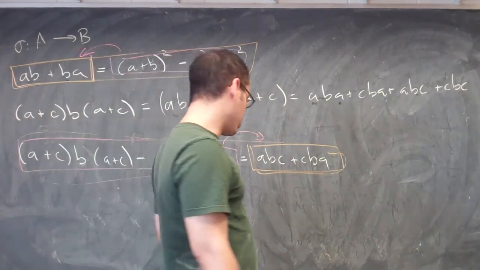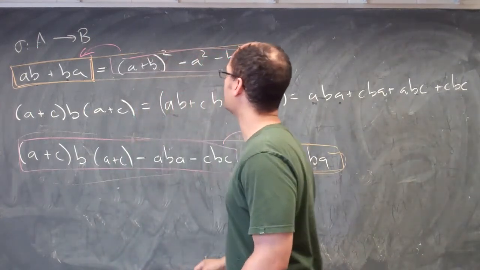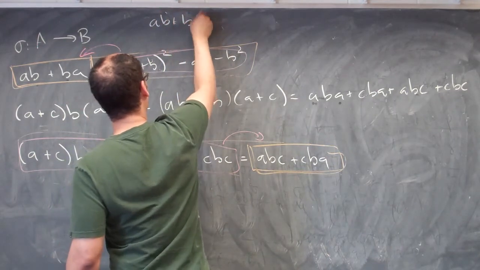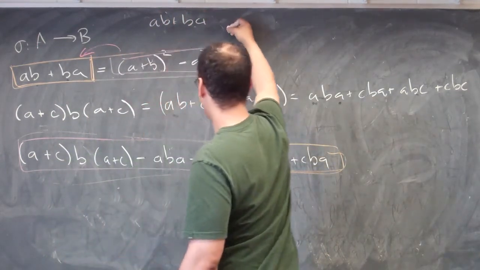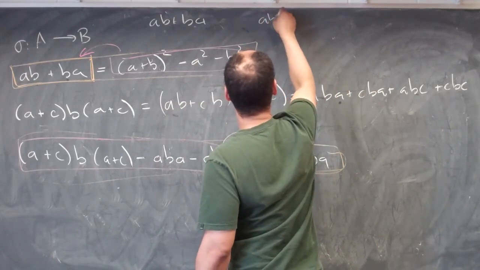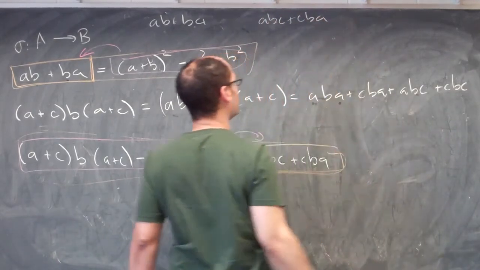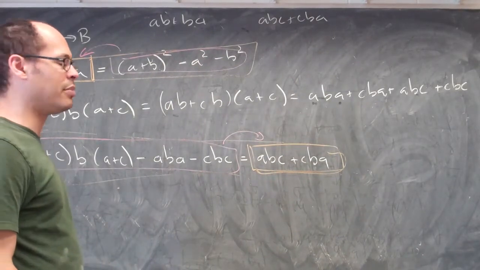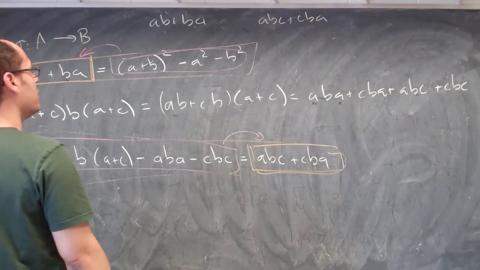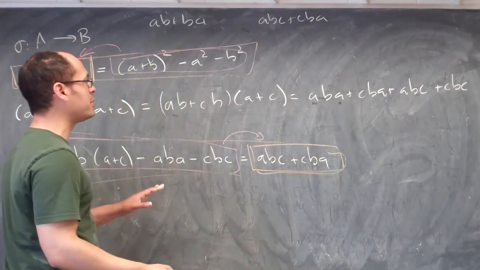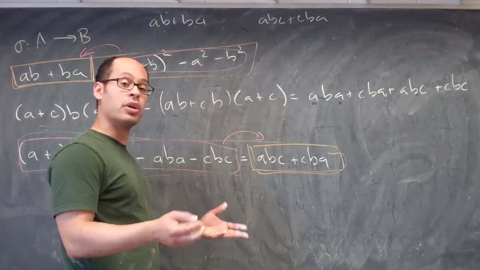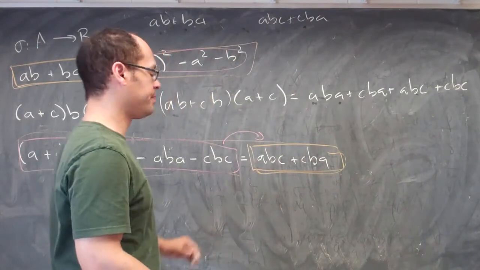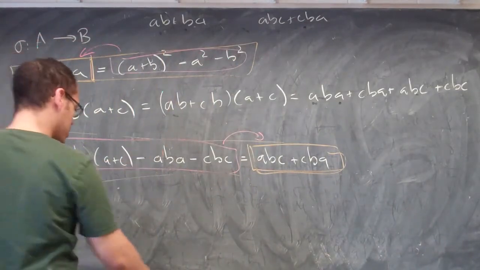So really, I can record this by saying that I have these new structures, AB plus BA, this binary composition, and this thing, ABC plus CBA, this trinary composition, which have the property that if I preserve my Jordan structure, I necessarily preserve this binary thing and this trinary thing also, because they can be written in terms of the Jordan structure.